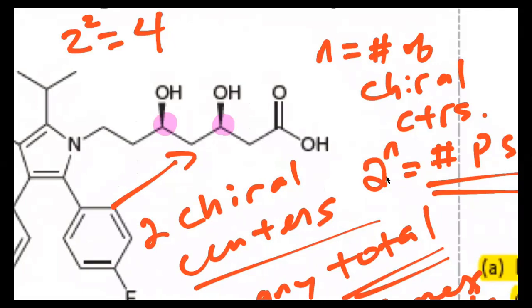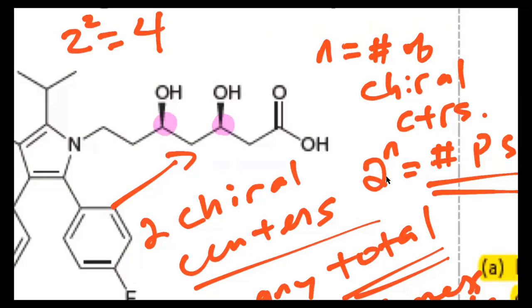What does that mean for me if I work for Merck or Bristol Myers or Amgen, and I'm in the lab making Lipitor for a living? I have 4 possible stereoisomers, but I only need 1. If I give you any of the other 3, it might kill you, because it might not bind to the receptor the right way, or it might bind to the wrong receptor.